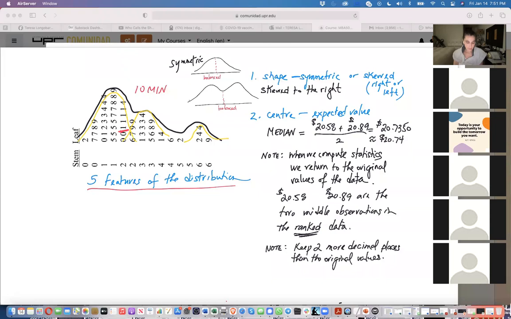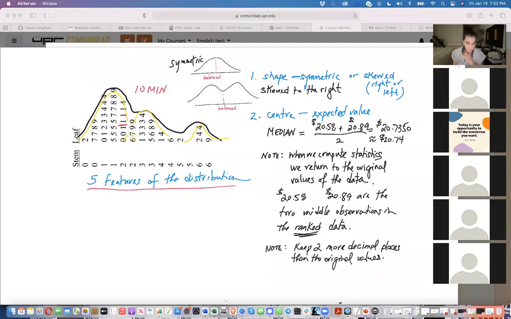So there should be 25 here, counting 1, 2, 3, 4, 5, 6, 7, 8, 9, that's 25, and then this makes 25. I think it's between those two, right? No, I think it's over here because those are both going to be 21 in this data set. It will be here. 20.5 and 20.89.